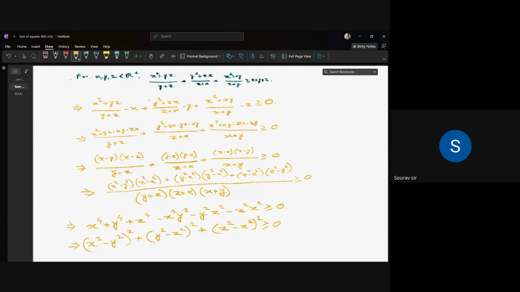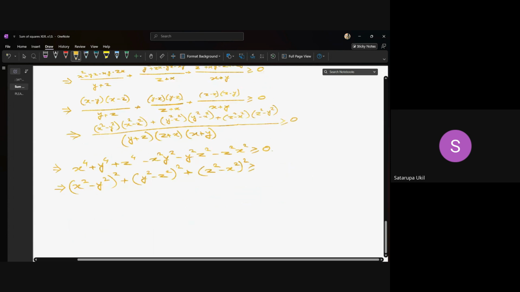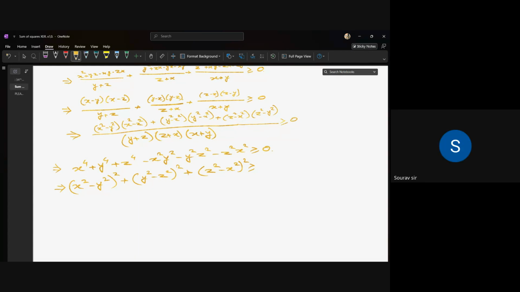I think I am not getting your question. So if we just multiply 2 in both of the sides, so we are getting what? 2 here, 2 here, 2 here. So then we will get x to the power 4 minus 2x square y square plus y to the power 4.